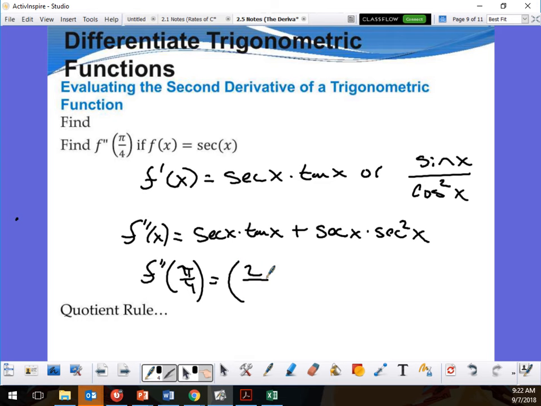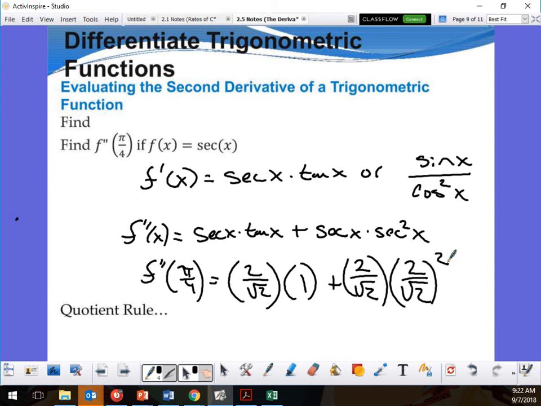Now, what is tangent at pi over 4? Sine over cosine, and they're both the same value, so it's going to give me 1. So I'm going to get 1 plus, again, secant at pi over 4, which is 2 over rad 2. And the next one's going to be 2 over rad 2 squared.